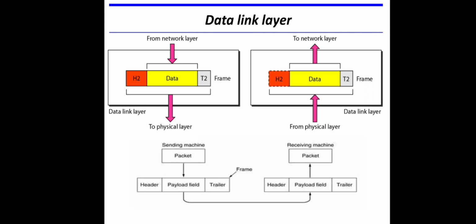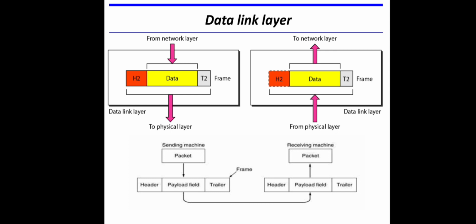The data link layer is responsible for hop-to-hop delivery, that is, how data can be transferred between neighboring nodes. It never bothers about source machine to destination machine delivery. Whatever it receives at the current node, it just forwards to the next node.